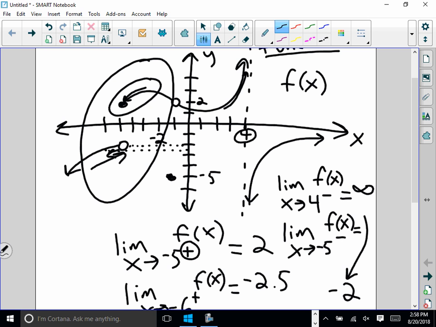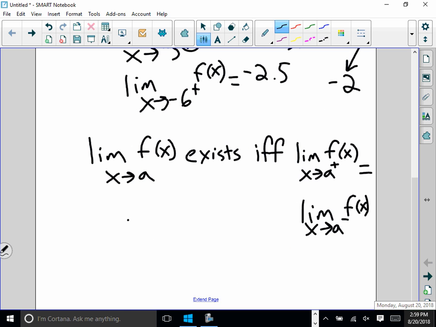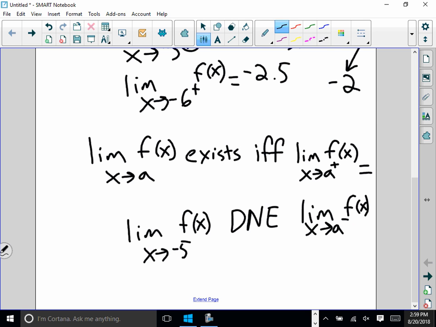What is simply the limit as x goes to -5 of f of x? Take a guess, pause it. The answer is this limit does not exist. The right-hand limit and the left-hand limit were different numbers, therefore we say the limit does not exist.